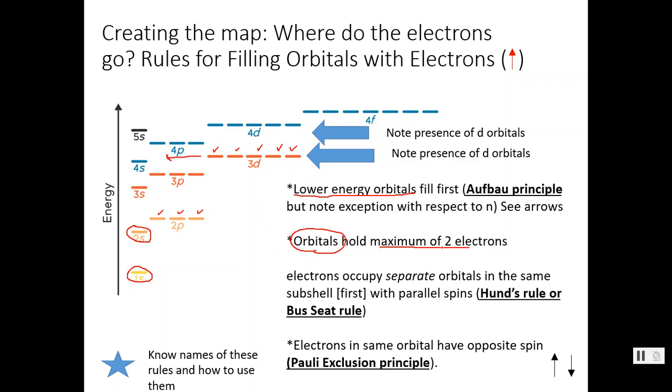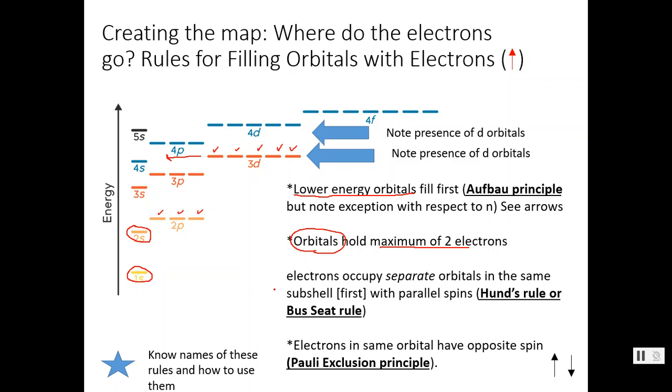But because there is room for more than 2 electrons in the p and d regions, I have to have a total of 3 p orbitals and 5 d orbitals. Okay? So you fill lower energy orbitals first. Each orbital, each house, can only hold 2 electrons.